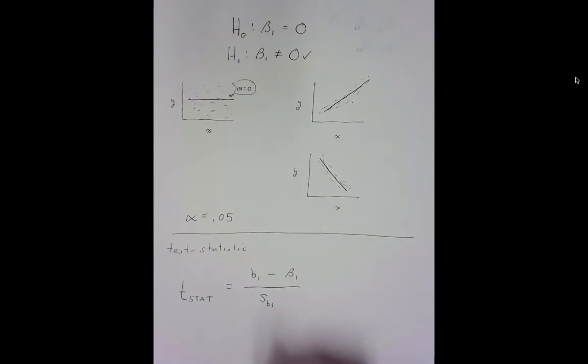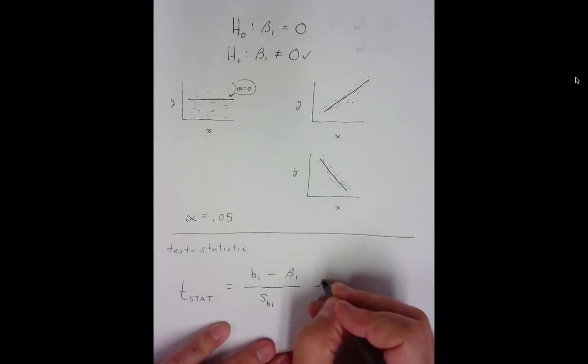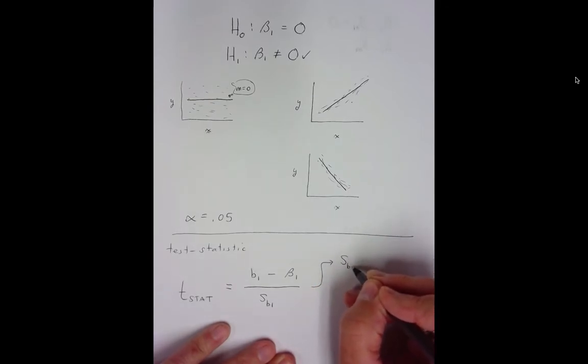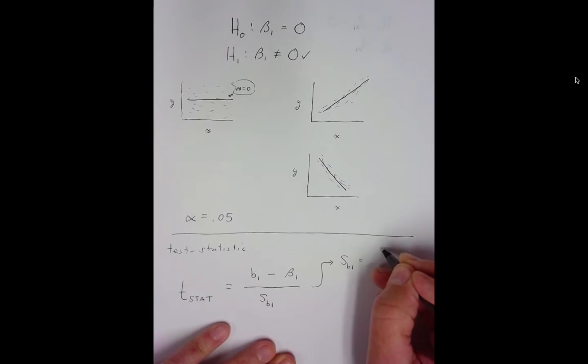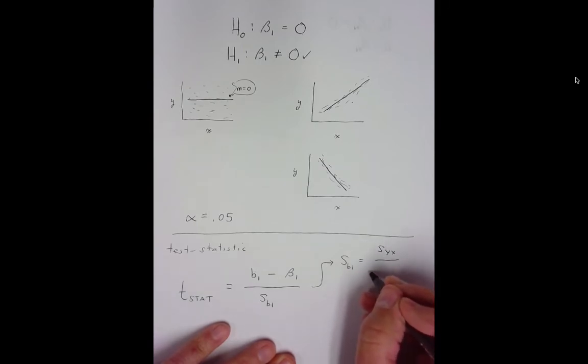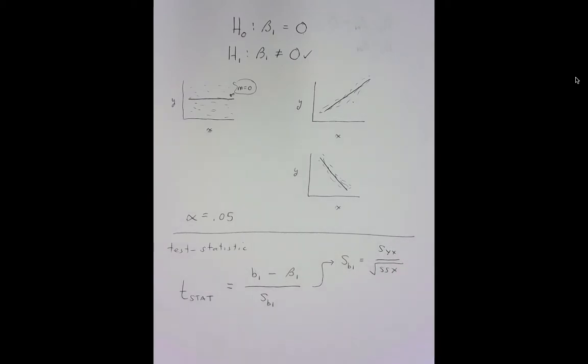Now, this is where things get a little crazy, because the standard error for B1 is equal to the standard error of the estimate divided by the square root of the sum of squares for x.